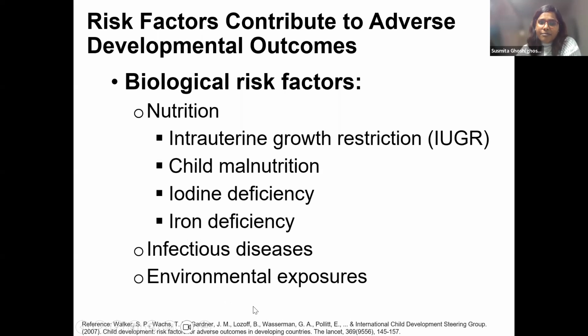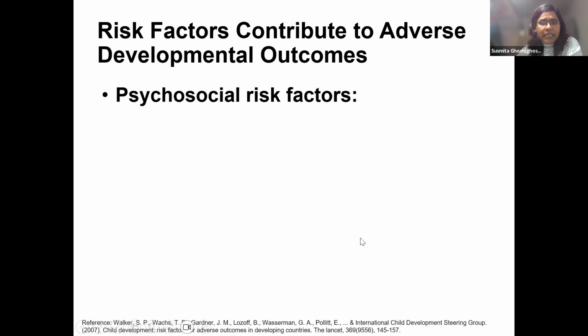And environmental exposures, such as exposure to contaminated drinking water, exposure to heavy metals such as lead, arsenic, or manganese, or exposure to prenatal pesticides, can also lead to poor developmental outcomes. Now I'm going to talk about the psychosocial risk factors.